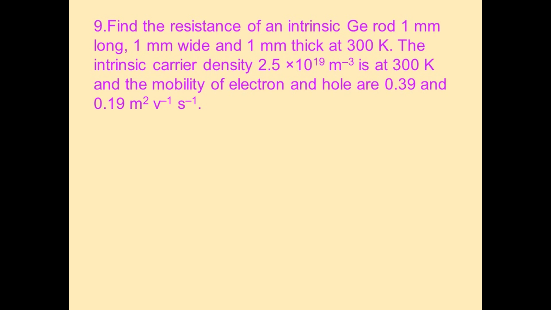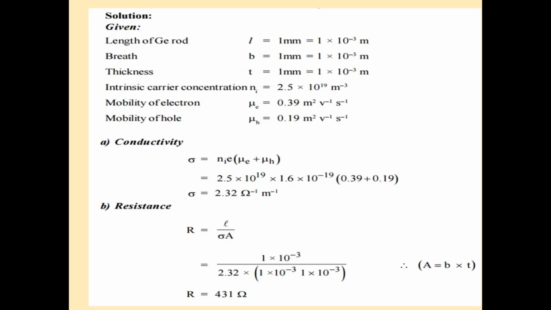Find the resistance of an intrinsic germanium rod 1 millimeter long, 1 millimeter wide, 1 millimeter thick at 300 Kelvin. The intrinsic carrier density is 2.5 into 10 power 19 per meter cube at 300 Kelvin. Mobility of electron and hole are 0.39 and 0.19.